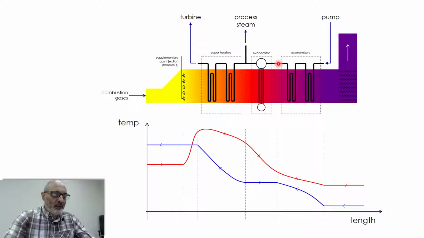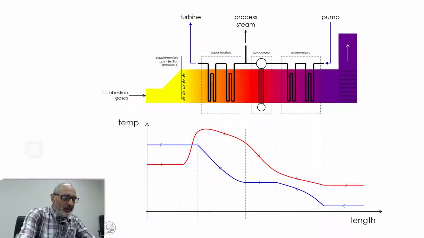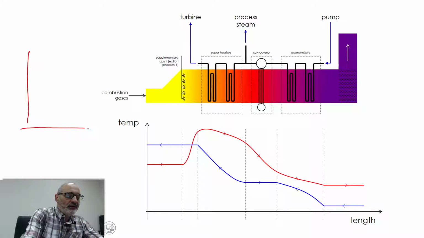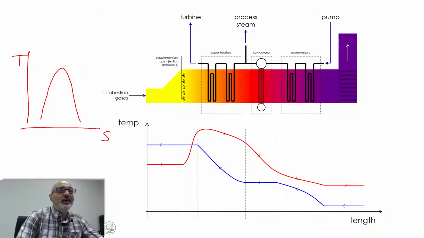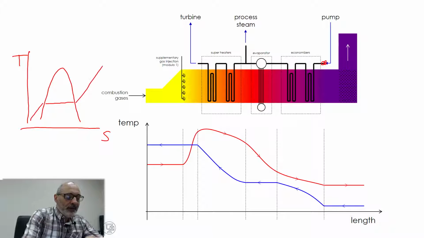So let me draw a TS diagram here in order for you to understand what's happening with water. This is the TS, temperature-entropy diagram of water. This is the isobaric line. Let me change color right now.